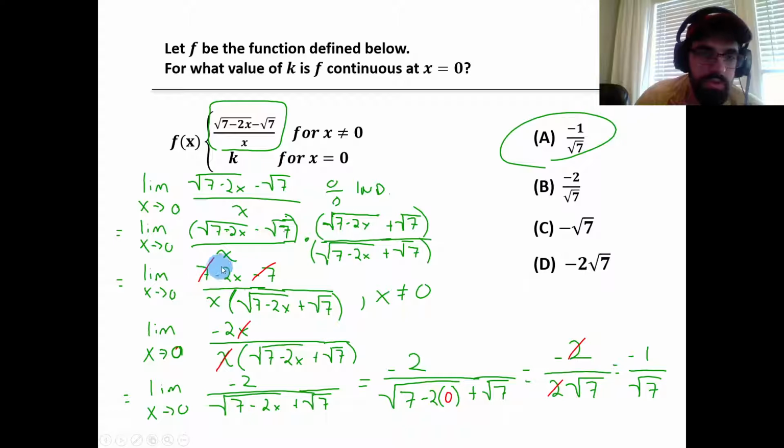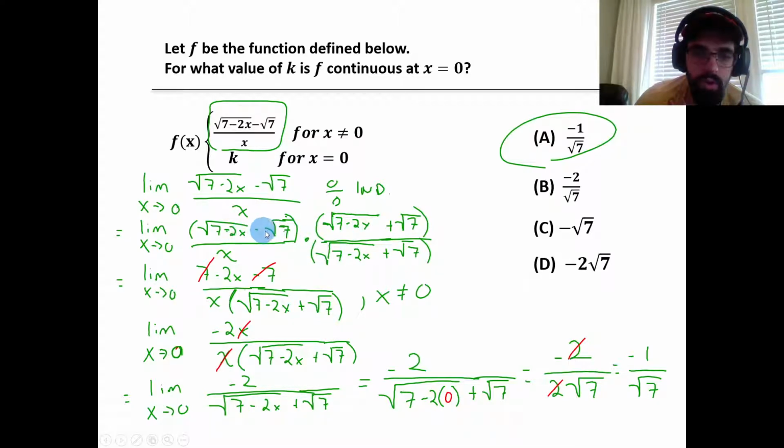So what we're going to do to simplify this fraction is multiply by the conjugate of the numerator. So the numerator is the square root of 7 minus 2x minus the square root of 7. So the conjugate of this would be the same thing, but you swap this minus sign out with a plus sign. So square root of 7 minus 2x plus the square root of 7. We're going to multiply the top and the bottom by that same conjugate.